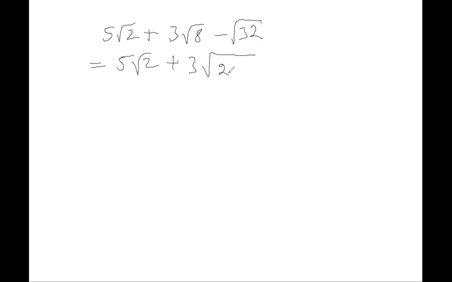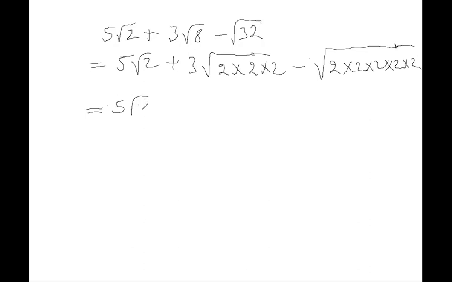Now 8 we can write as 2 into 2 into 2. 32 we can write as 2 into 2 into 2 into 2 into 2, 5 times. Now the rest you know. Inside a square root we need a pair of 2s, so this pair of 2 comes out, and outside we get 3 into 2, and one 2 is left inside. Here also, one pair is formed, another pair is formed, 2 pairs of 2. Yes, Daman, speak up. No, sir.